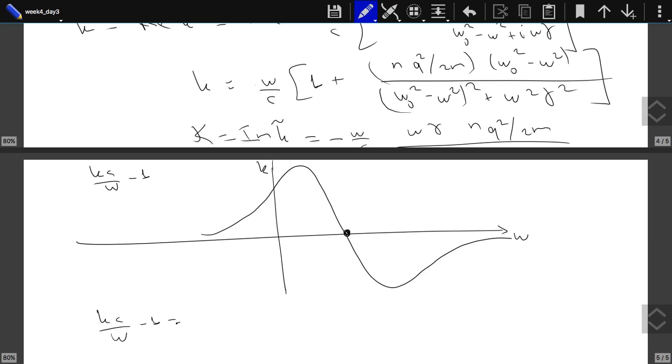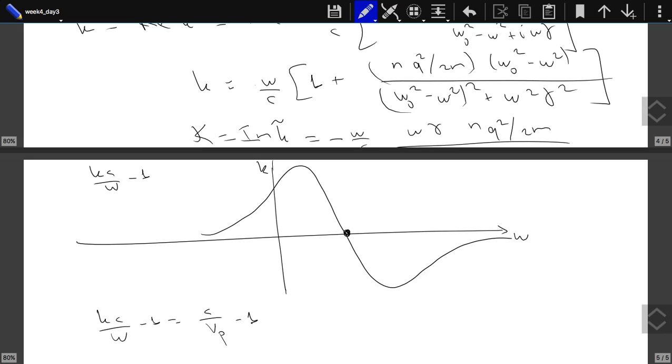You see kc over omega minus 1. Now k over omega is what we call the inverse phase velocity, 1 over v phase. If the phase velocity is larger than the speed of light, this quantity is less than 0.